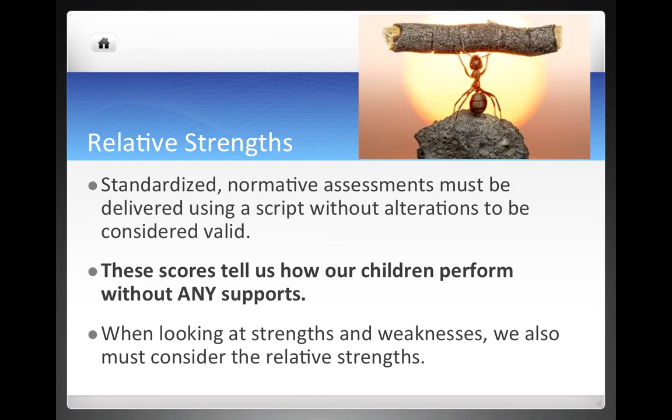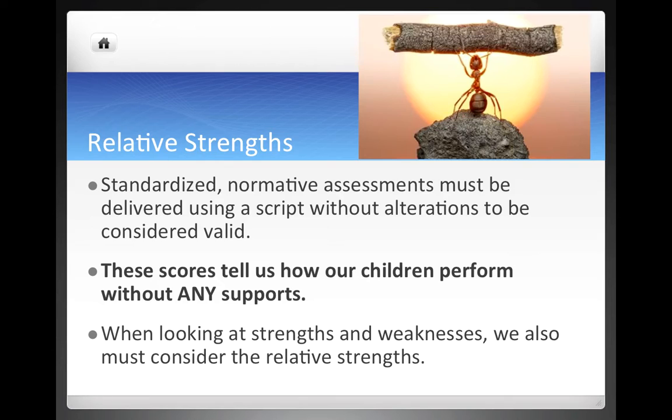The other piece is often when we look at that bell curve, we might assume that a strength is going to fall all the way to the right and those high average ranges. Well, for some of our students, we have to really look at relative strengths. We may have individuals that have scores that are all in the low average or below average range.